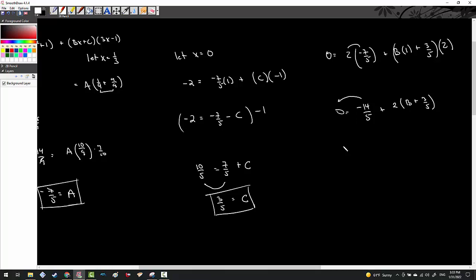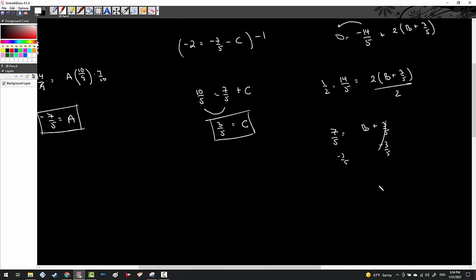I'm going to kick him over. I got 14/5 equals 2 parentheses b plus 3/5. Divide by 2, which is the same thing as multiplying by 1/2. I get 7/5 equals b plus 3/5. I'll subtract 3/5 from either side, and what I get is b equaling 4/5.